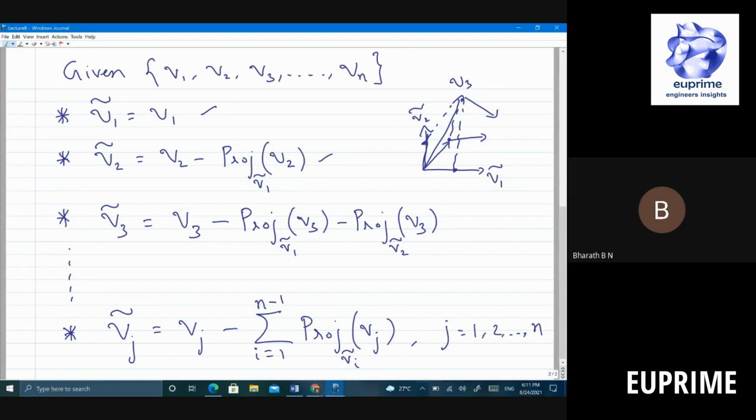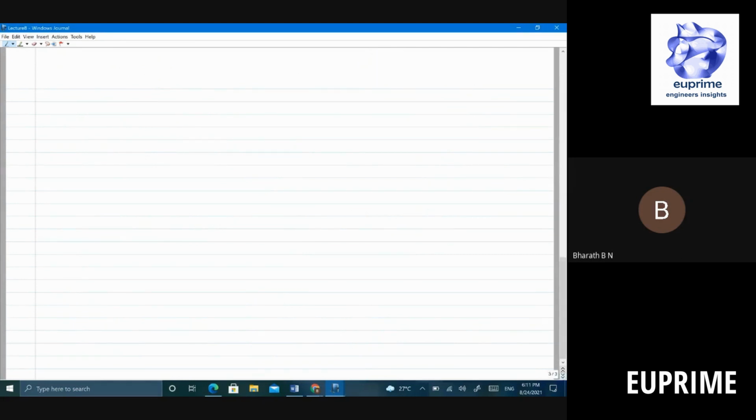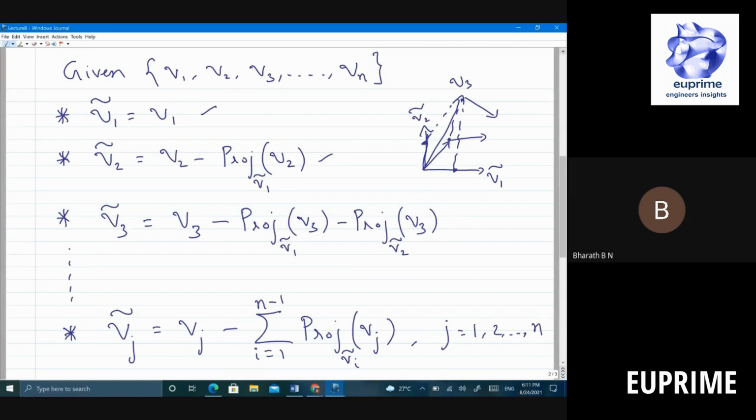It is purely based on our high school geometry. We just abstracted it out, we just generalized some of the things. That's all. Okay. So this is called Gram-Schmidt, right? The Gram-Schmidt orthogonalization procedure.